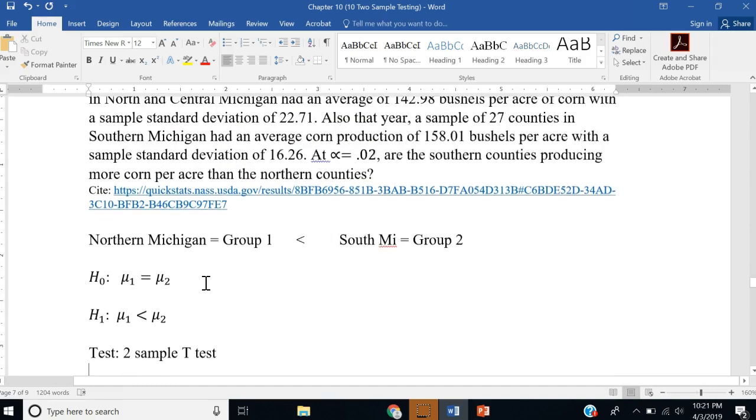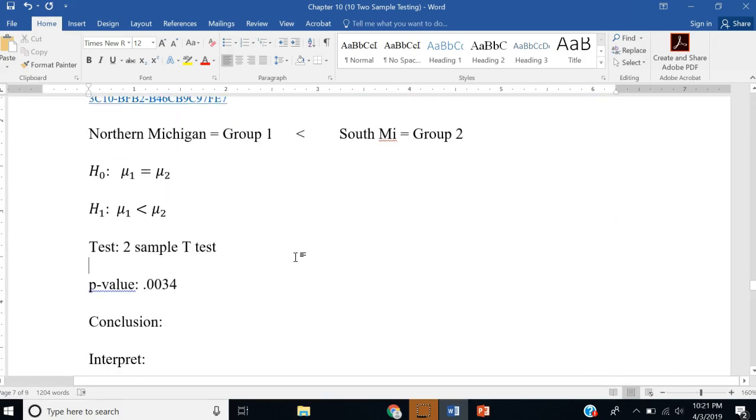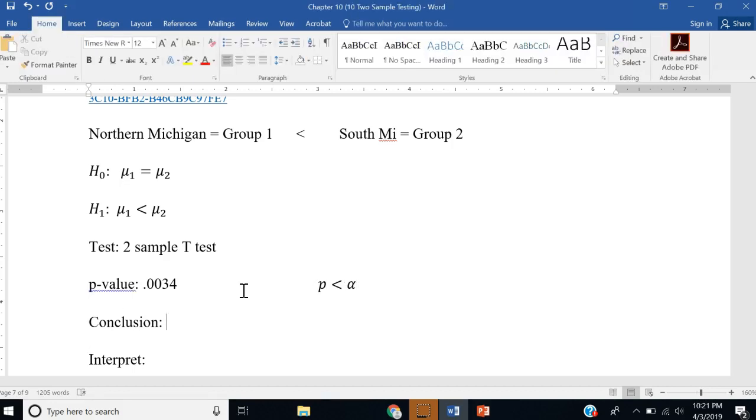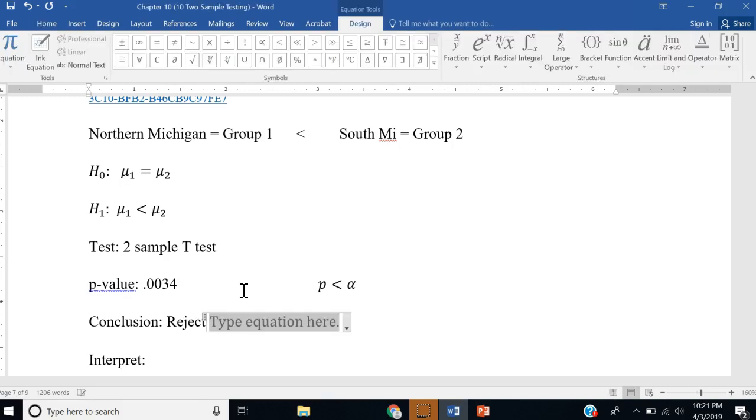Now, my alpha is 0.02. This p-value is less than alpha. So my conclusion is to reject H0.